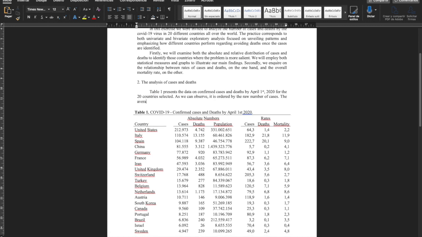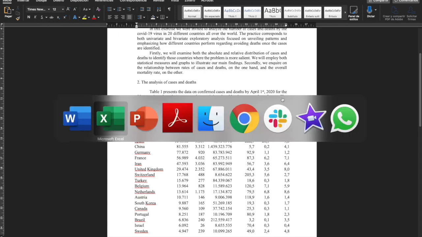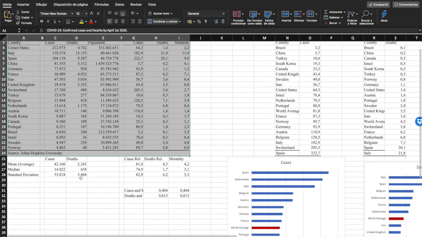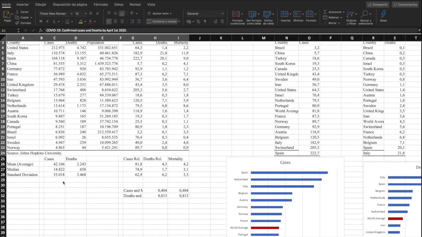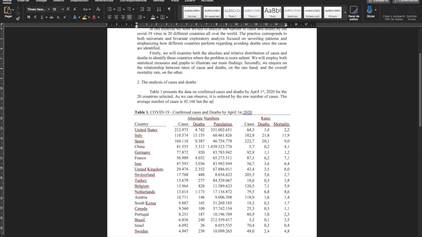The average number of cases is, and then you go back to your data, 42,160, and you can tell that the spread is large since the standard deviation.